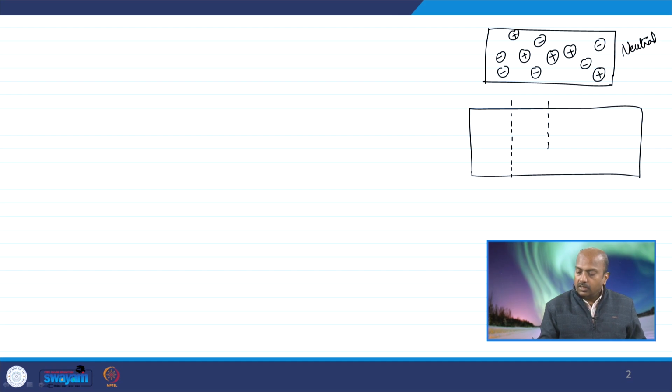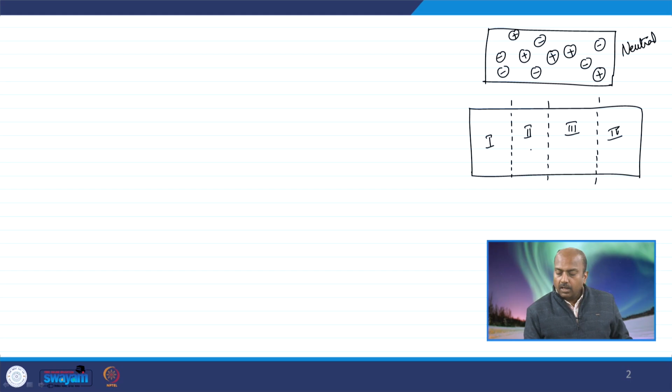Let's say this is region 1, this is region 2, this is region 3, and let us also call this region 4. Now, what we have done is we have taken electrons from region 2 to region 3.